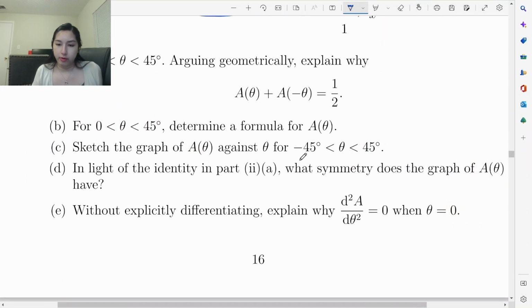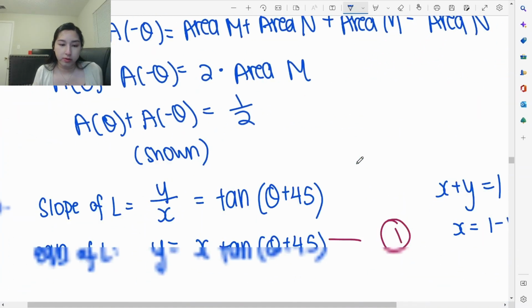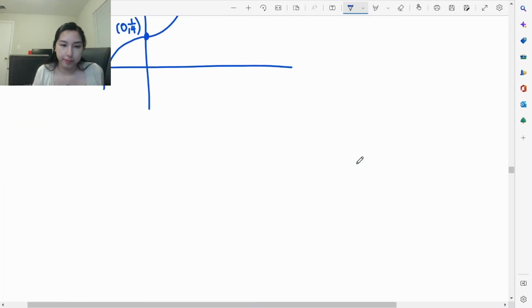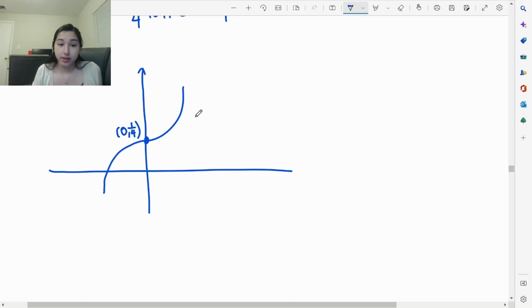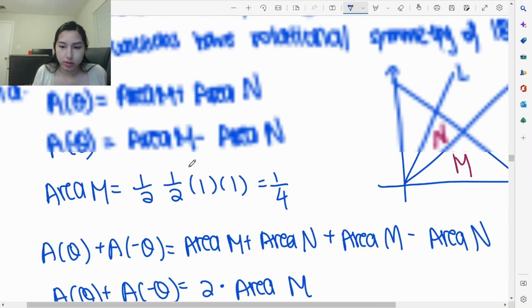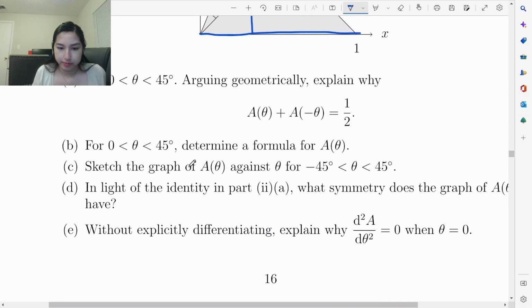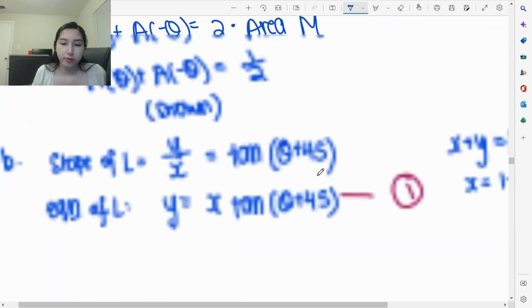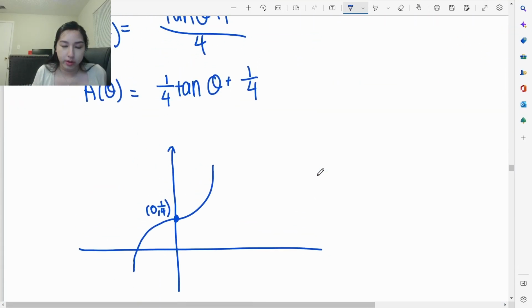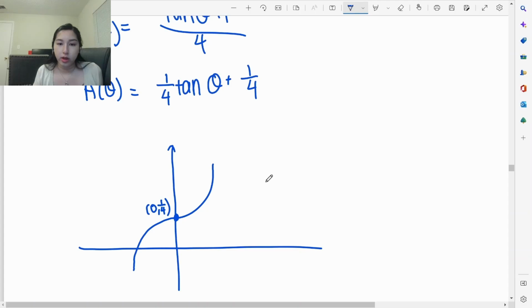For negative 45 to 45, so I don't have to draw the entire thing, because this is at 90 degrees. Does it include 45? It doesn't include 45. So anyway, tangent 45 is 1.